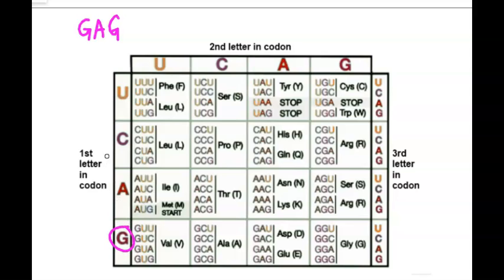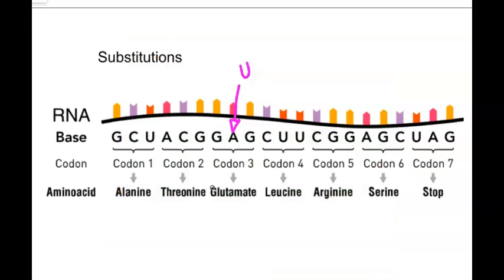Look over here at the first letter in the codon, G, then A, the second letter, and then the third letter, which is going to be G. And we can see that the amino acid is GLU, glutamate. Now, will it still be glutamate once we've replaced the A with the U? Let's see.